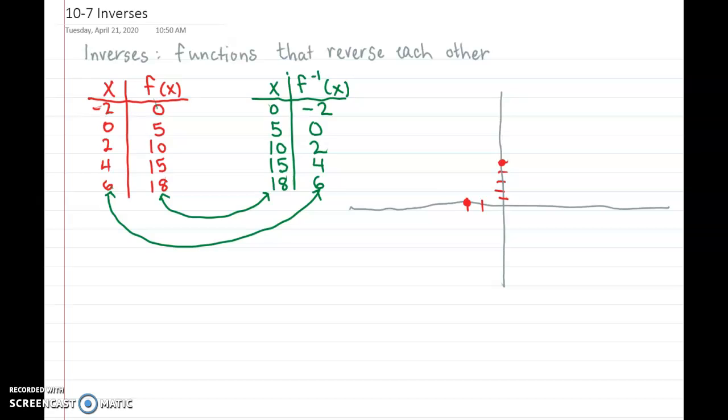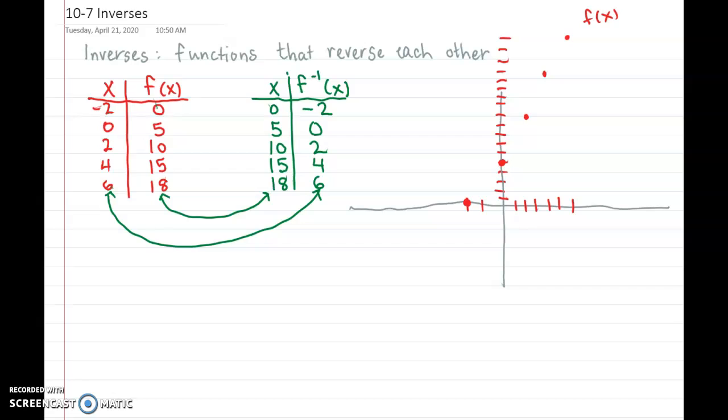So 0, 5 is here, 2, 10, and then 4, 15, and then that one point that doesn't really fall on the line because I decided not to make it all linear, 6, 18. So that's my function, f of x. I could sort of connect those dots, but I'm not going to do that right now.